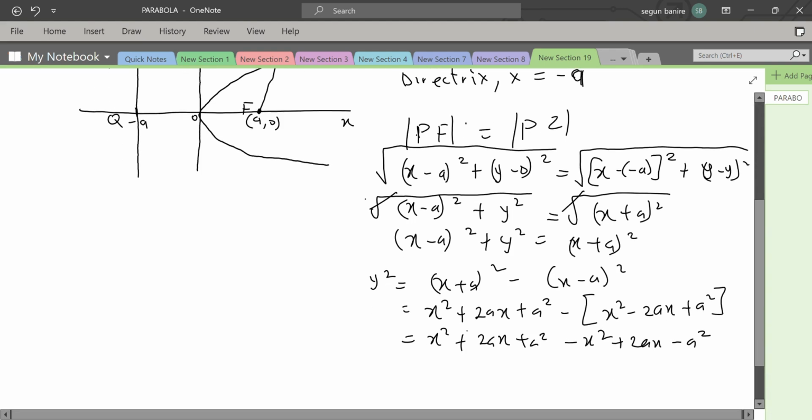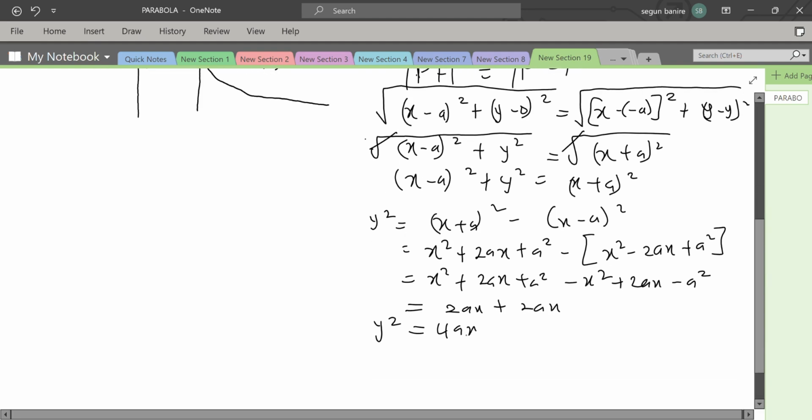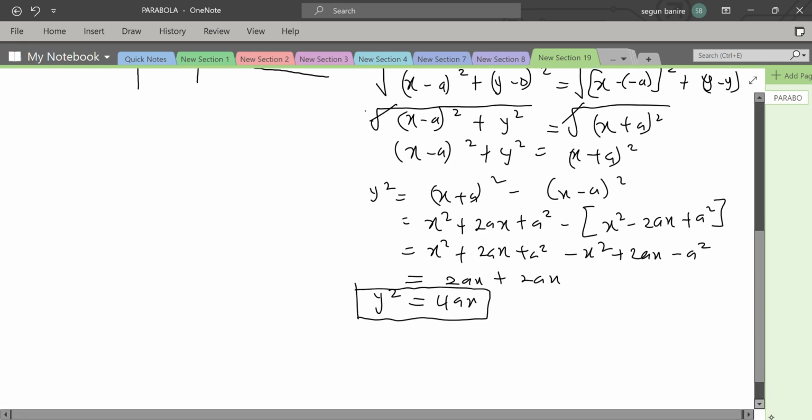So this cancels this, and you'll be left with 2ax plus 2ax, so that will give you 4ax. So you could see that now y squared is equal to 4ax. So that is how they get the formula. This is how the formula is being generated.